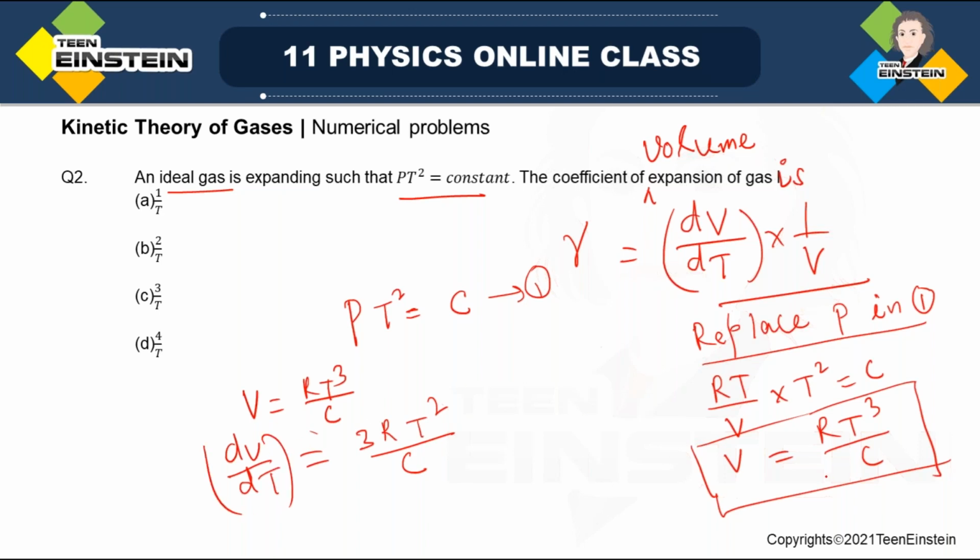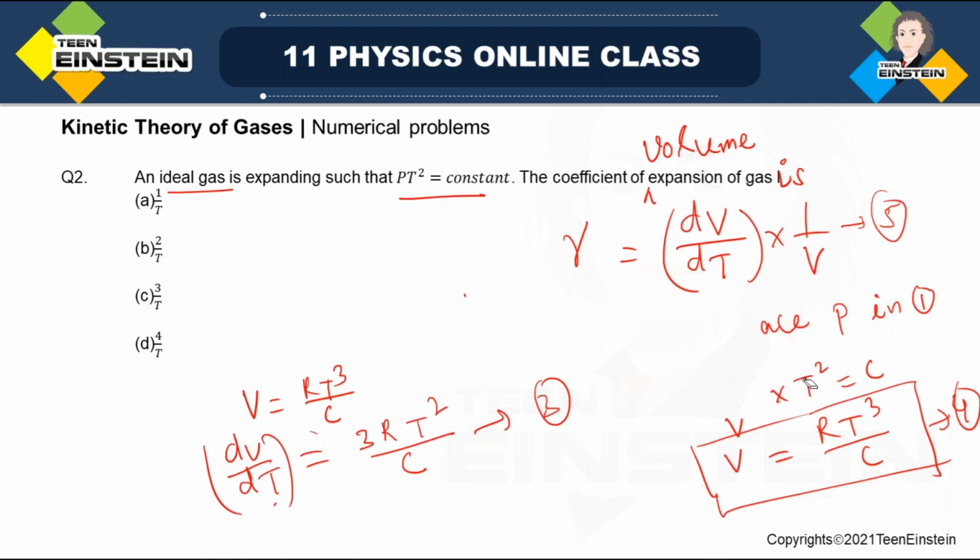We know what is V. So if we just put these values, suppose this is equation 3 and this is equation 4, and we put this in equation 5. Let me erase this portion that was given earlier.